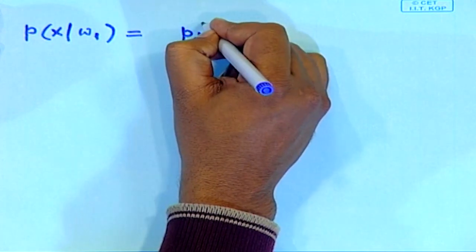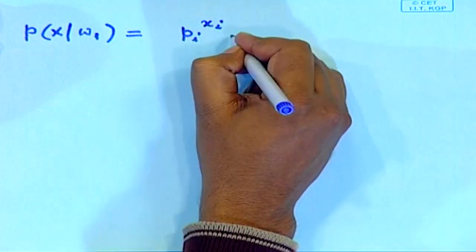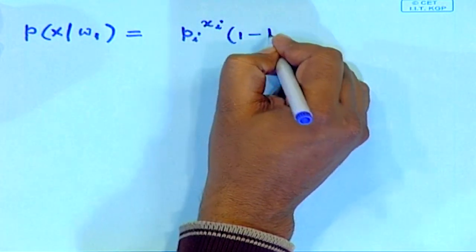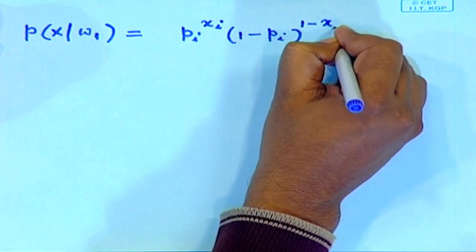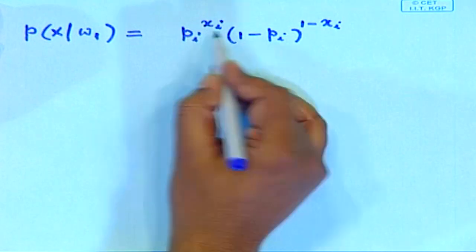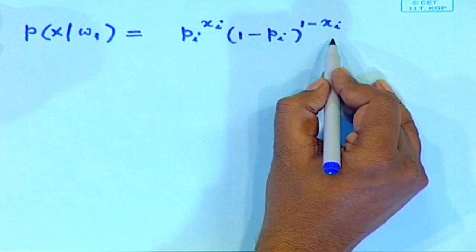So, it is Pi to the power xi into 1 minus Pi to the power 1 minus xi. Obviously, if xi equal to 1, 1 minus xi equal to 0, and if xi equal to 0, 1 minus xi equal to 1.